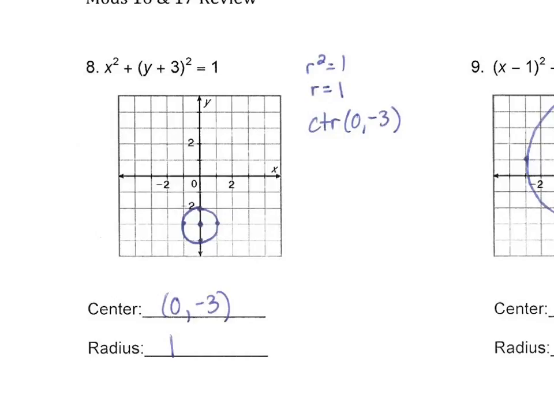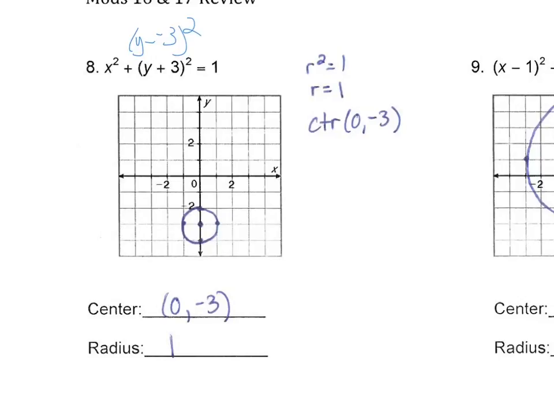The center is the point 0, -3, because remember that's going to be y minus -3 that had yielded a plus 3 in the equation to begin with. So k is -3, my h is 0. Here's my center point, right at 0, -3, and then we're going 1 unit away in all 4 directions to create the graph.